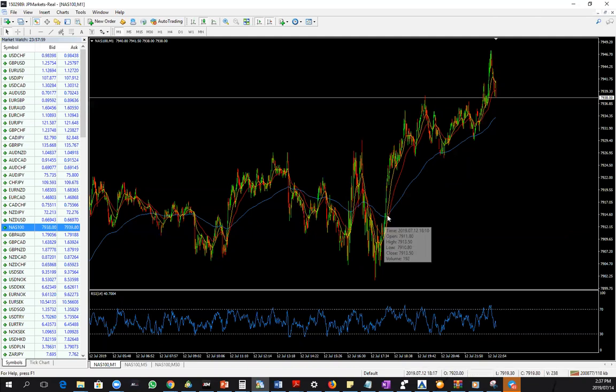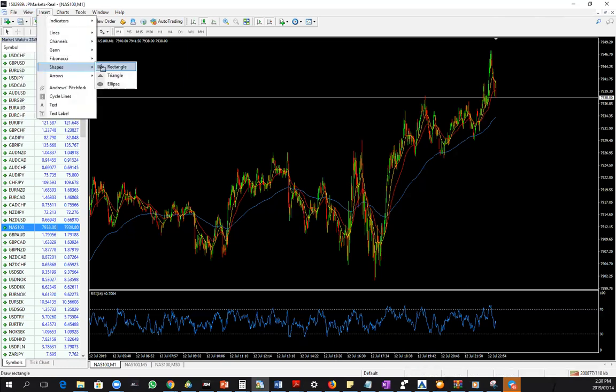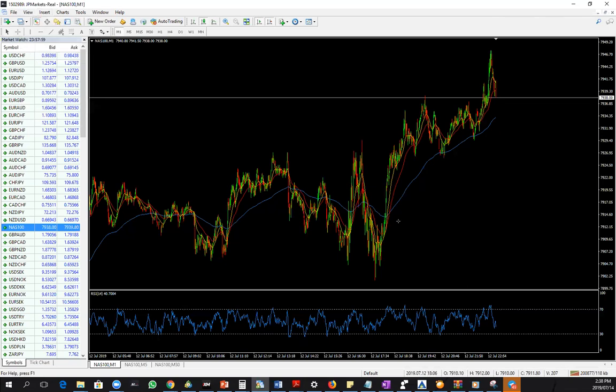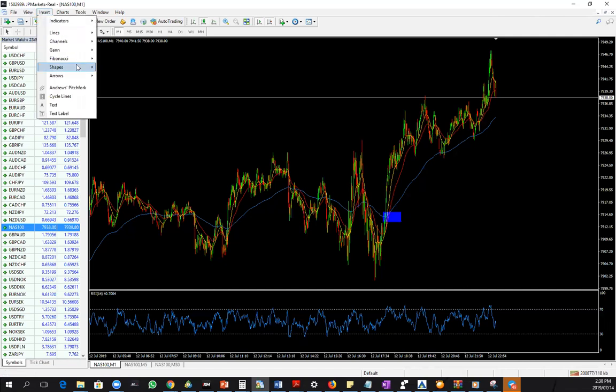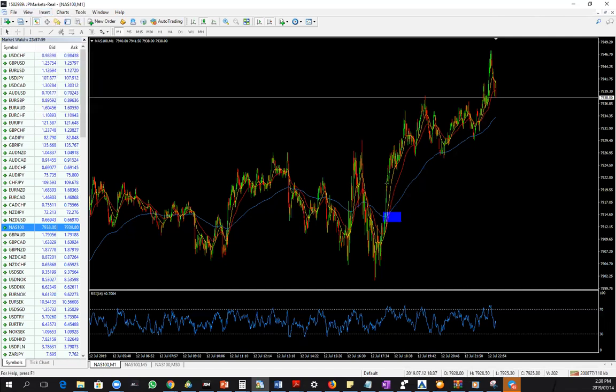When it breaks to the upside, exit, and enter there. So with the 0.10 lot size, on a $200 account, just that distance equals like $30.